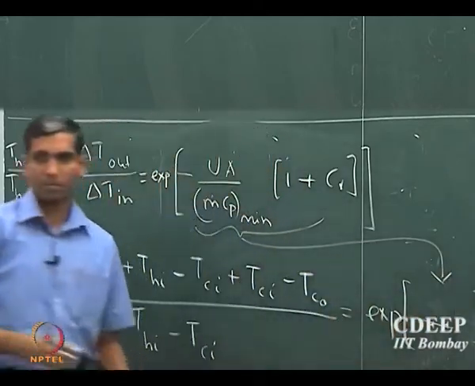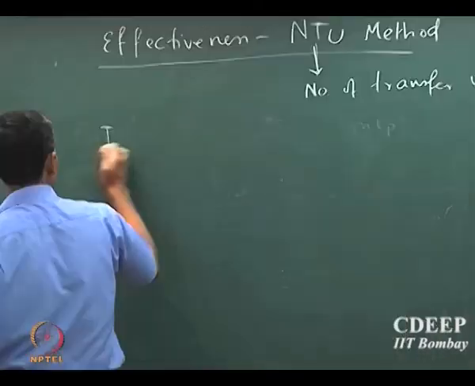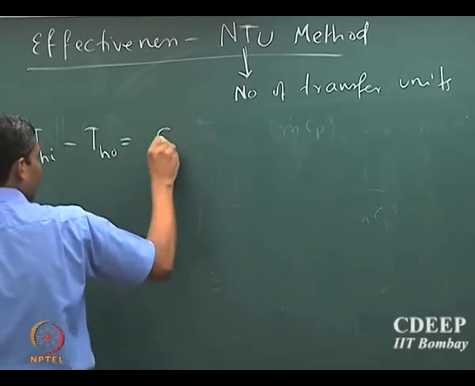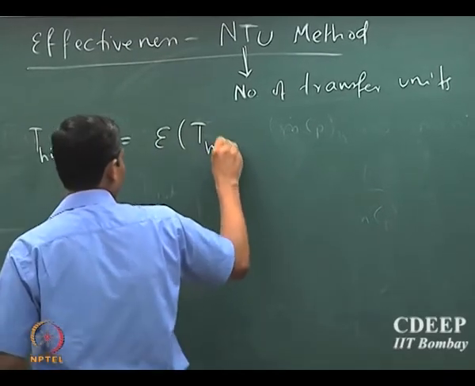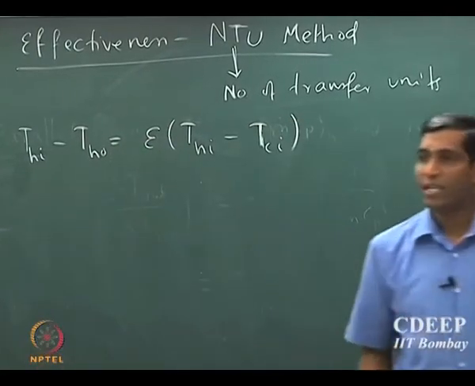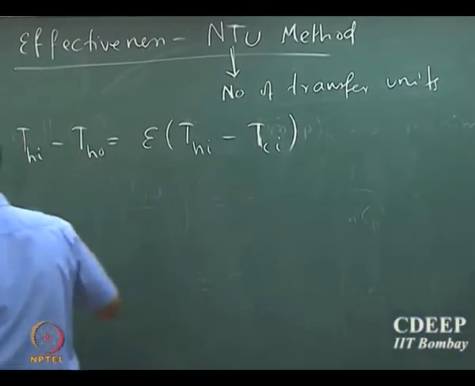So we know that Thi minus Tho is equal to epsilon into Thi minus Tci, simply based on the definition of effectiveness. Okay. So from here we can substitute this.